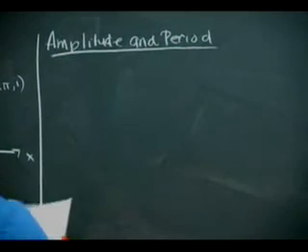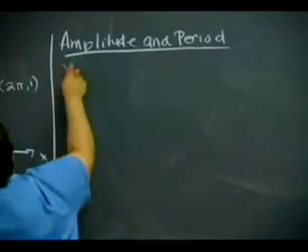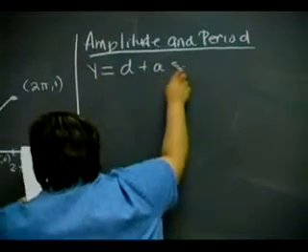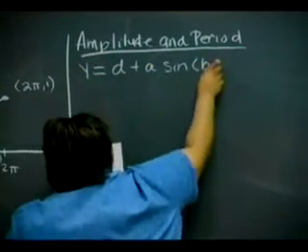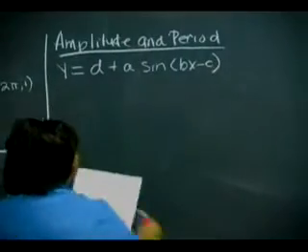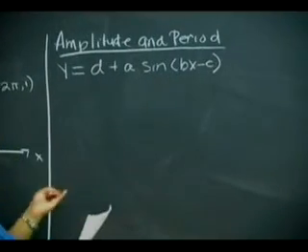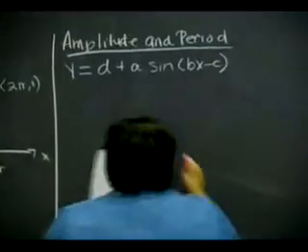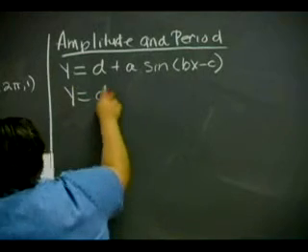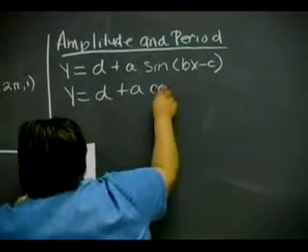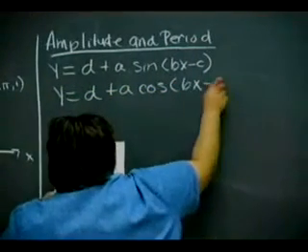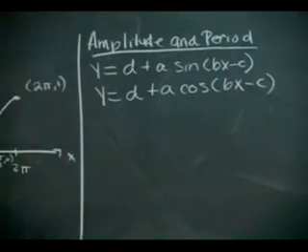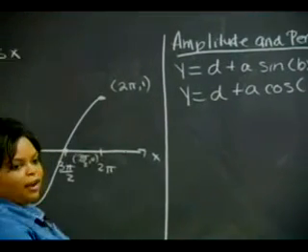And for our discussion, we're going to look at general sine graphs, something like y equals D plus A sine BX minus C. And we're going to talk about what the D, the A, the B, and the C mean, okay? And we're going to look at y equals D plus A cosine BX minus C. And you want to see what do these constants do to these basic graphs, okay?